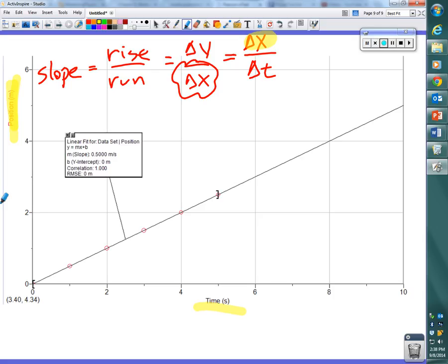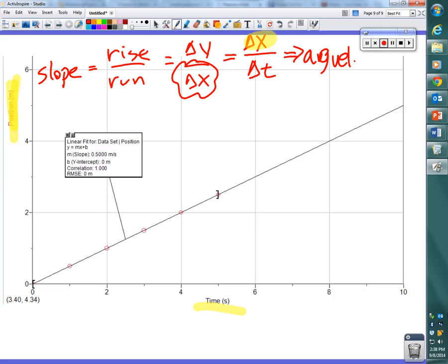Okay. That being said, if we have change in position over change in time, again, that's a concept that we introduced last Friday, and we call that the what? That's the velocity. Delta x over delta t is the average velocity.